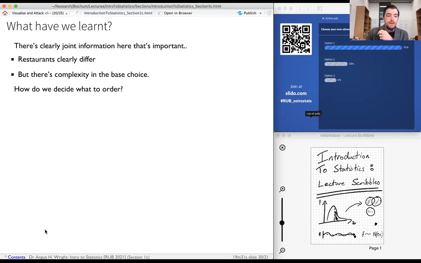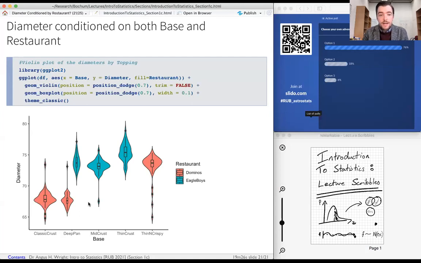If we go to the last slide, you can see I've now plotted the diameter conditioned on both base and restaurant. I've got base on the x-axis, diameter on the y-axis, and now the fill is splitting by restaurant. So you can see I've got Domino's in orange and Eagle Boys in blue.